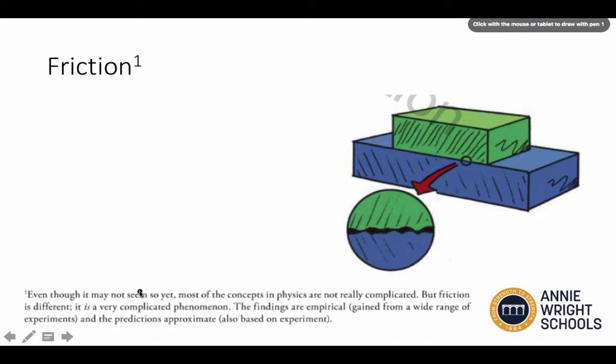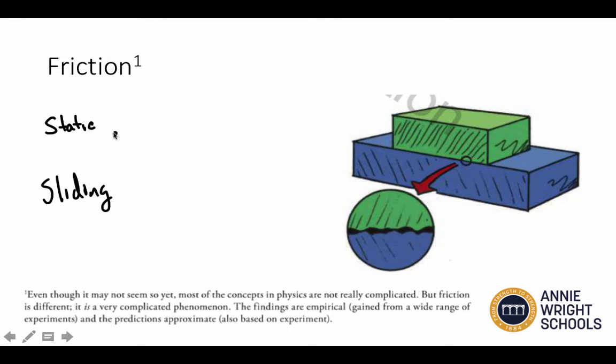What you need to know is we talked about the two types of friction. I like static and dynamic, but the book calls it sliding. Static friction and sliding friction, or dynamic friction.